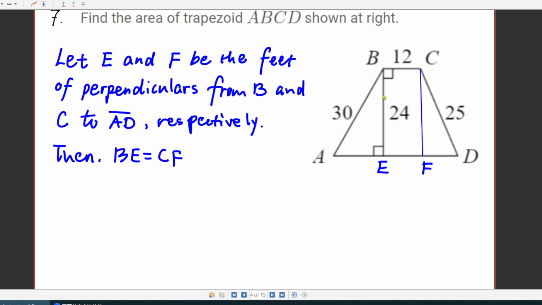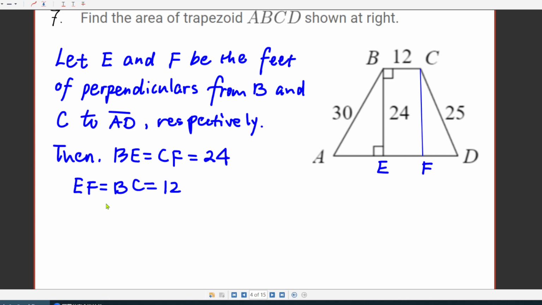Because BCFE is actually a rectangle, which is 24. And EF equals BC equals 12, since BCFE is a rectangle.